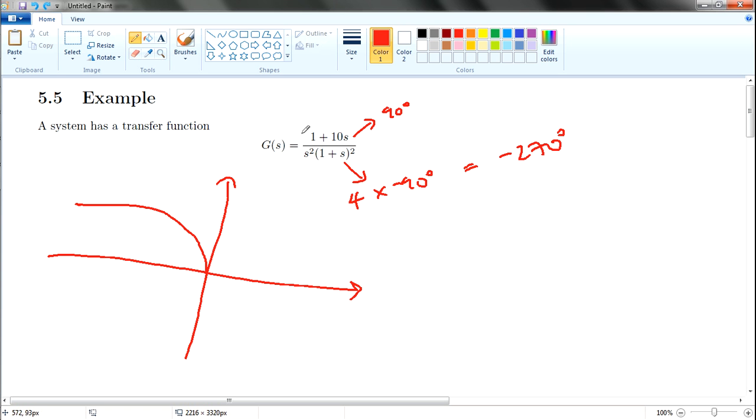Typically once you get this question, look at the 90 degrees, look at the phase angle first, and then look at the magnitude. So the next thing we need to do is to calculate the magnitude.